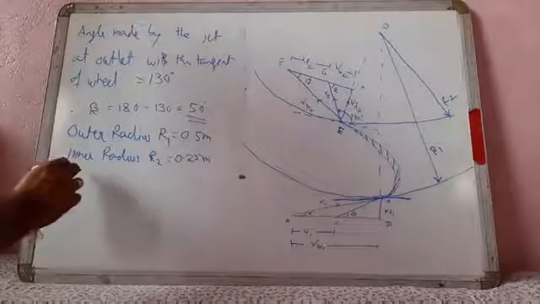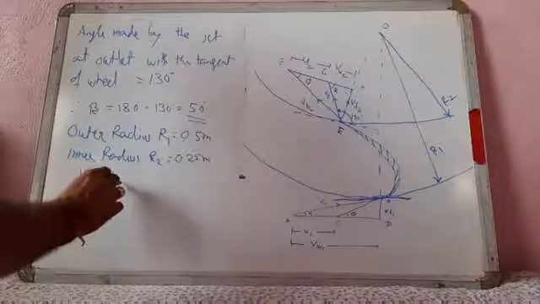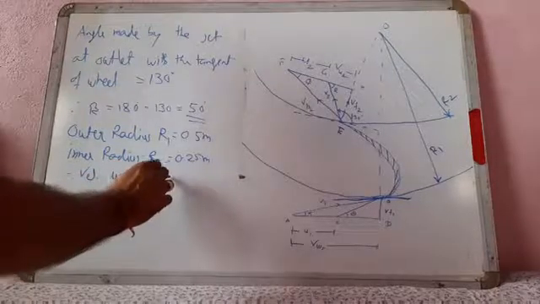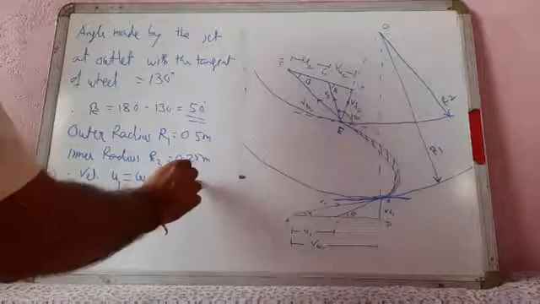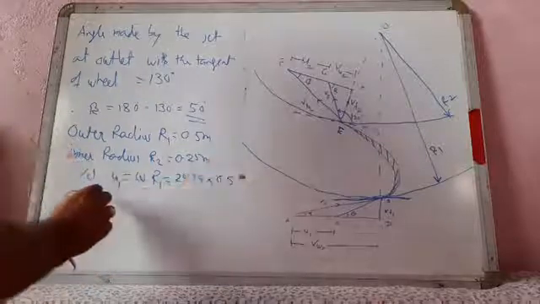The velocity U1 equals omega R1, that is 20.94 into 0.5.